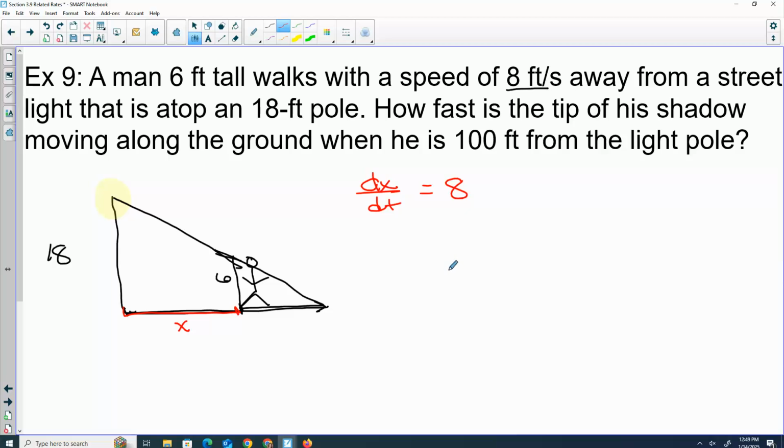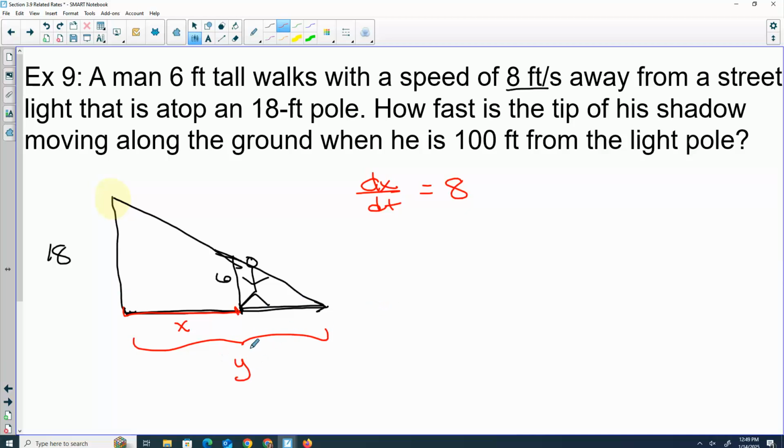We want to know how fast the tip of the shadow is moving. His shadow is related to how far away he's walked. So instead of just calling this little piece y, y plus x. I think it would be easier to think of y as the entire length of this triangle.